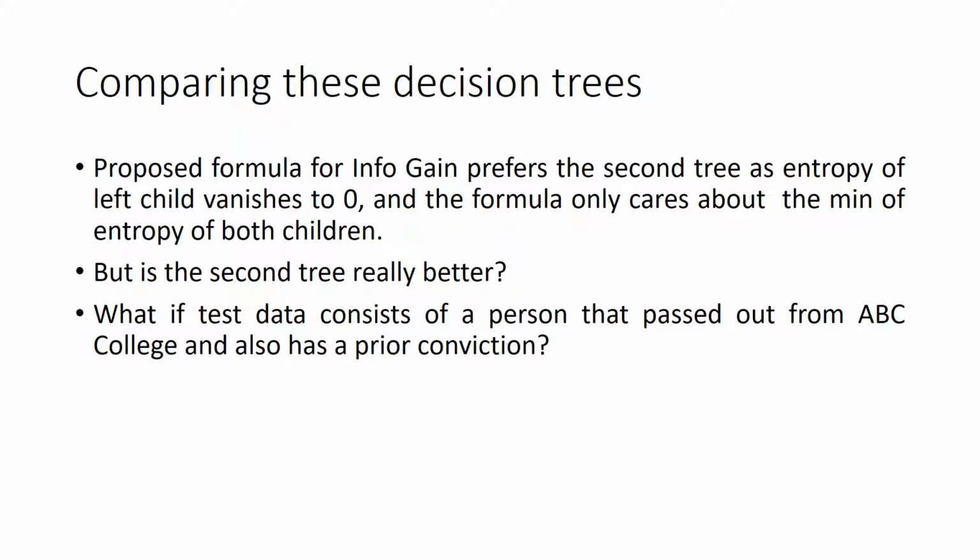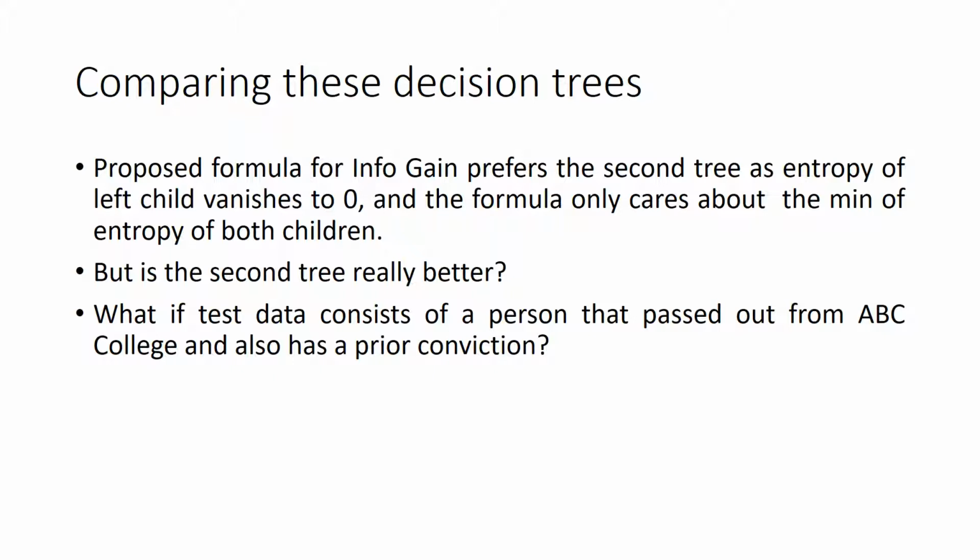So in tree 1, the very first question that we're asking is, does this person have a prior conviction? The answer is yes, this person has a prior conviction. And if you remember what the first tree said, it said 95% of people who had prior convictions are rated as credit unworthy. Therefore, I'm not going to give credit to this person. I'm going to rate him as credit unworthy.